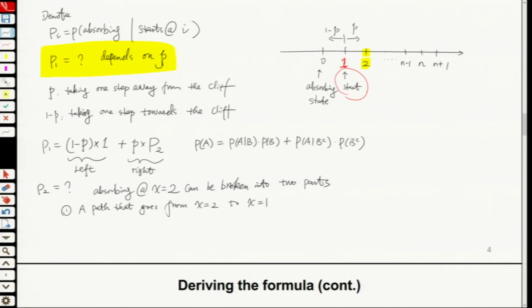If you start at location 2, you still have 2 possibilities. You go left or right. So one path goes from x equals 2 to x equals 1. This is for the first time, not necessarily in one step.